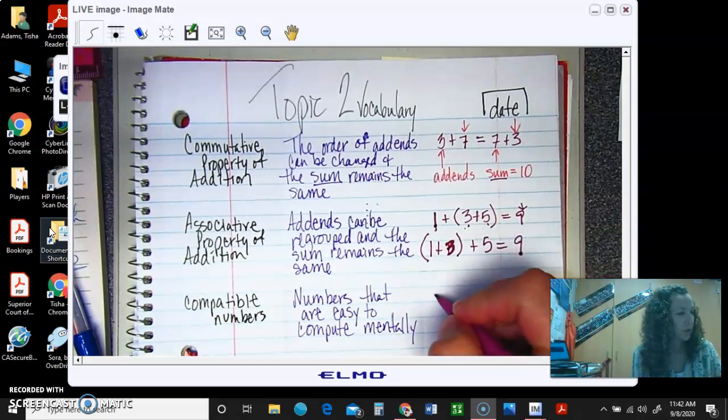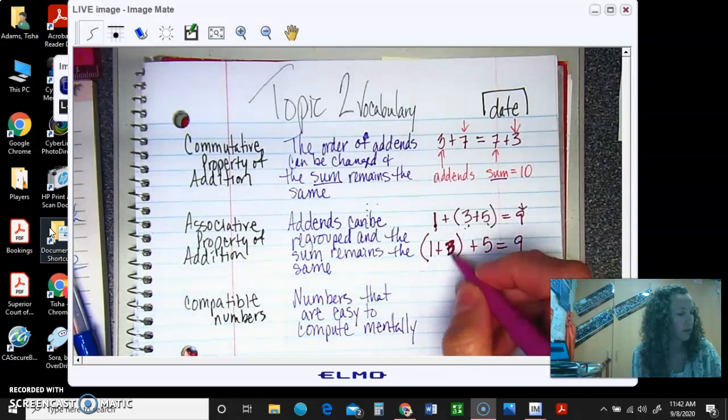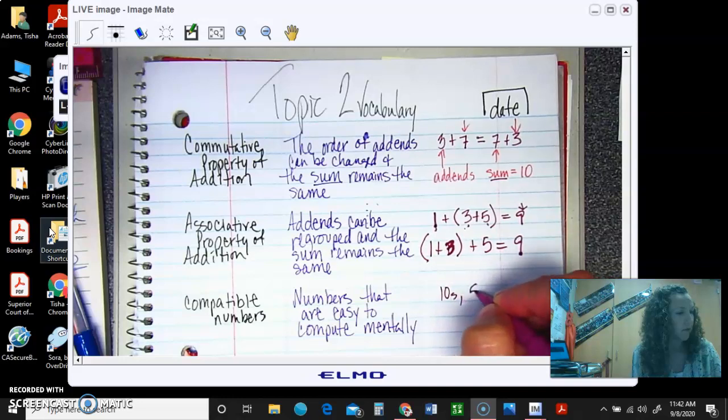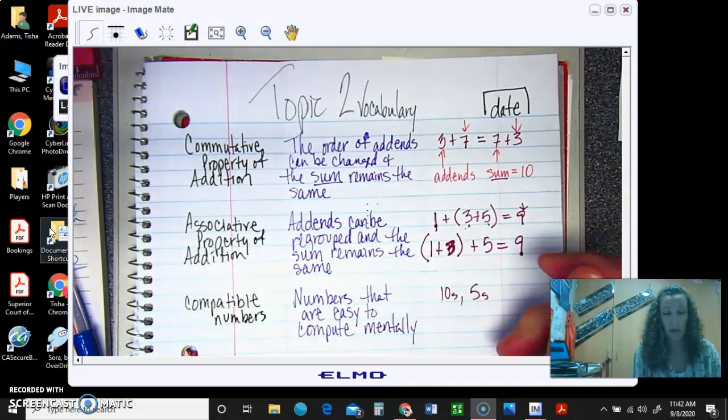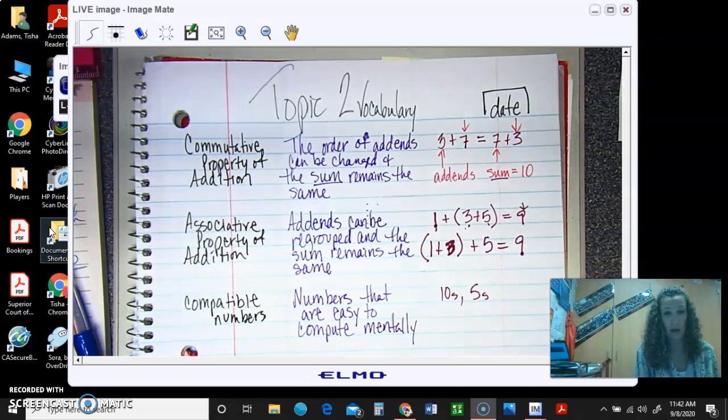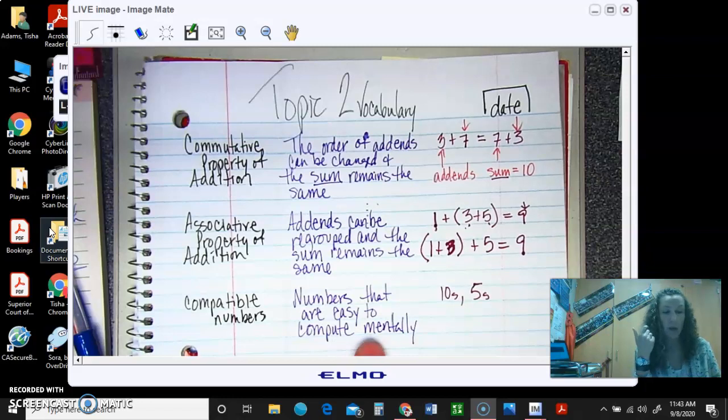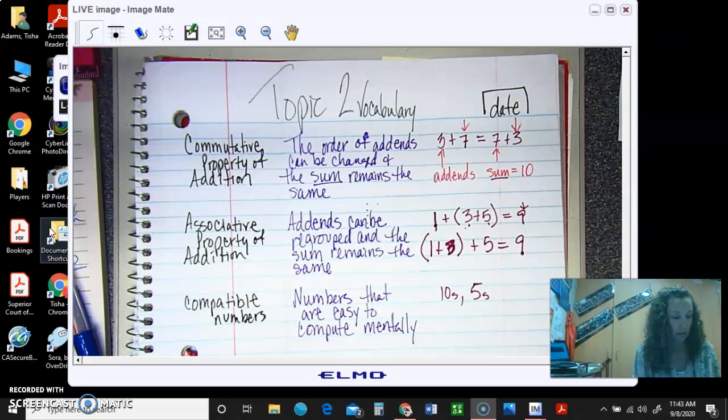So I'll put, let's see, 10s or 5s, right? Working with 5s is easy because you can count by 5s easy. 5, 10, 15, 20, 25, 30, 35, 40, 45, 50, right? It's easy to count by 5s. So 5s are easy to work with in our head to compute mentally.